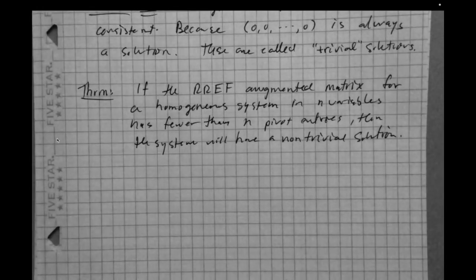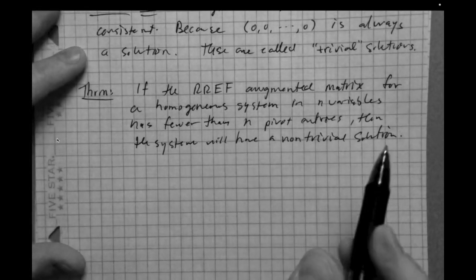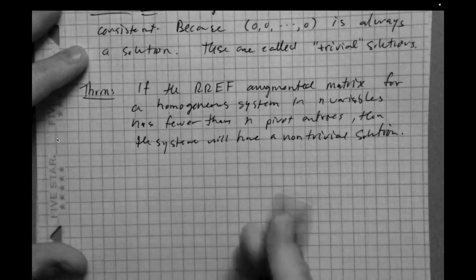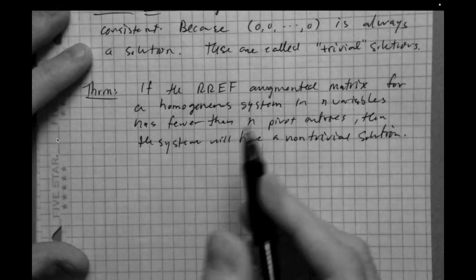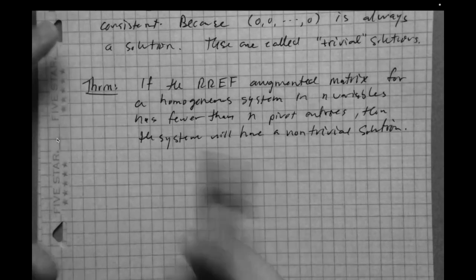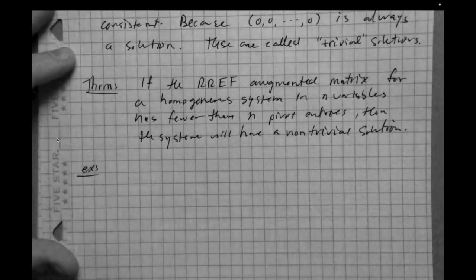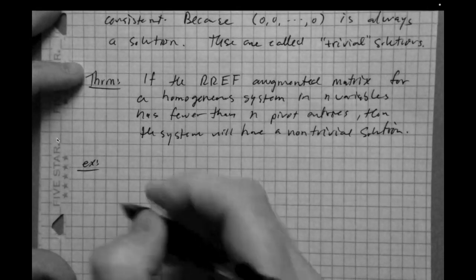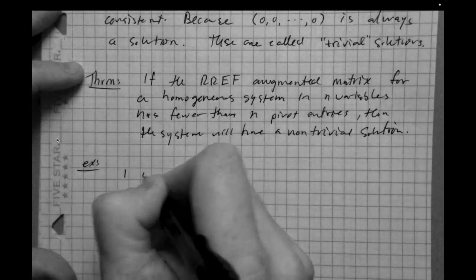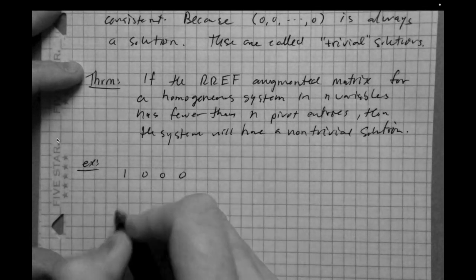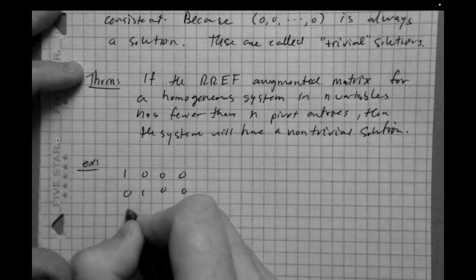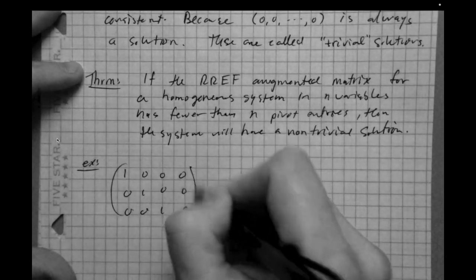Okay, so for example, something like this. Let's say I have the following two systems. I'm just going to dump them straight into the augmented matrix. Let's say I have a system that looks like this: 1, 0, 0, 0, 0, 1, 0, 0, 0, 0, 1, 0.